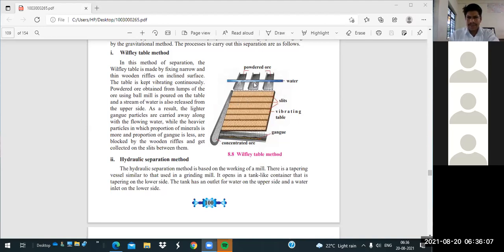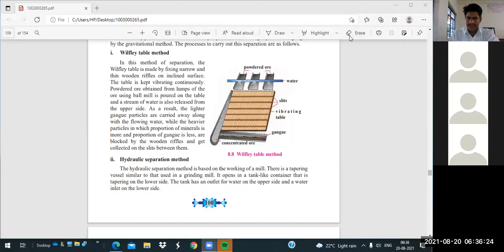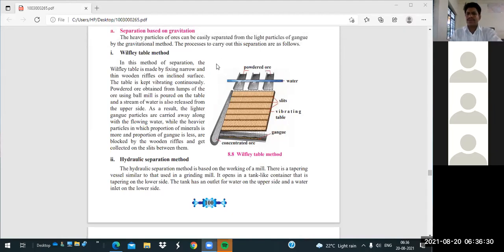You can see here that powder ore is put on it, and there are wooden blocks. Due to that, it will vibrate, and then the powder ore will be separated, and we will get the concentrated ore separate and the gangue separate. So what happened here? In this method, the wills table is made by fixing narrow and thin wooden ripples on an inclined surface.